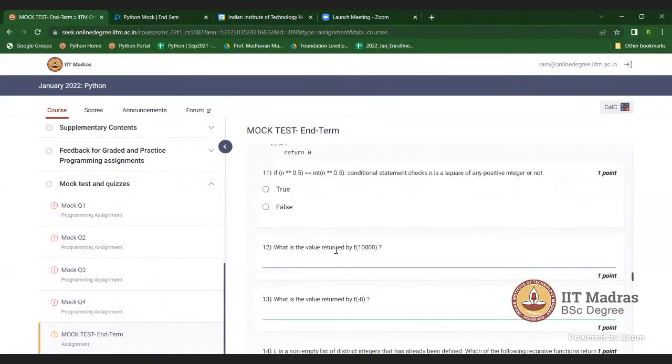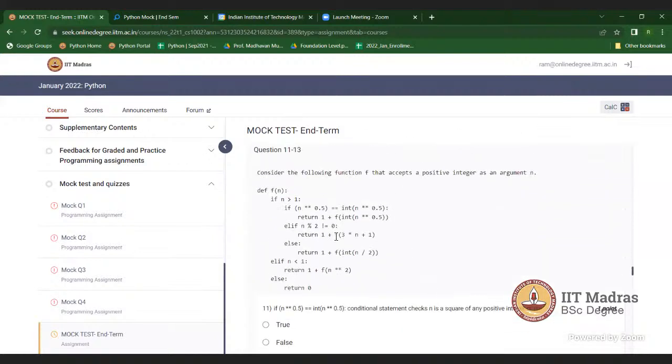The other one is what is the value returned by f of 10,000. So let's look at it. 10,000 is greater than 1, and the square root of 10,000 is 100. So it's going to return 1 plus f of 100.